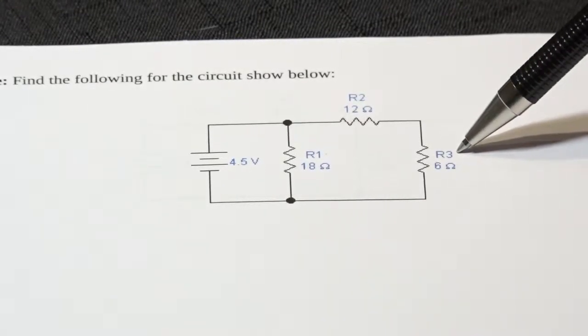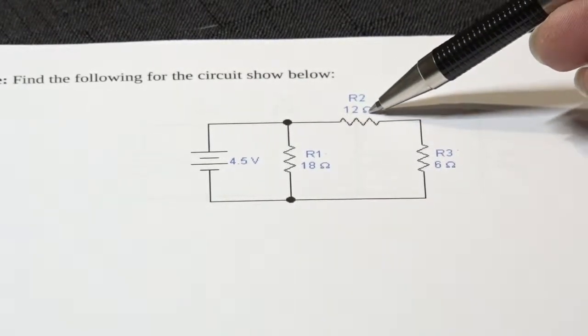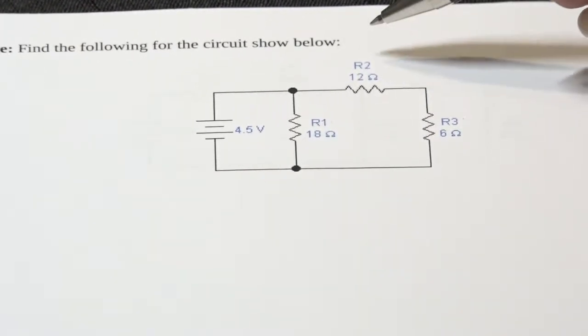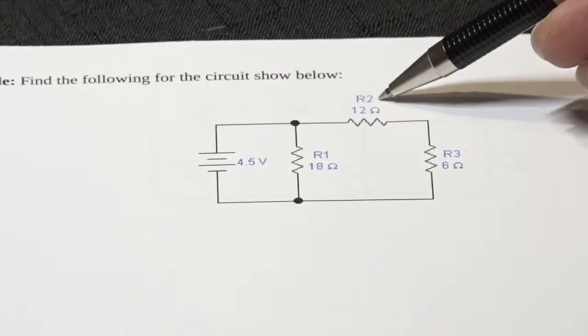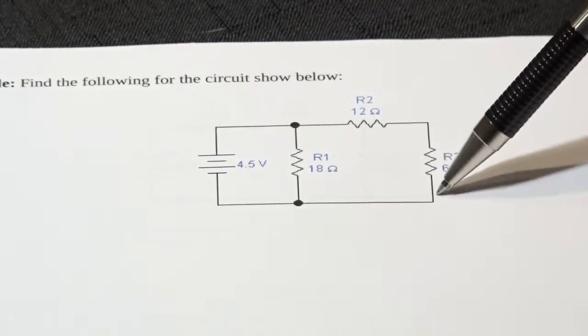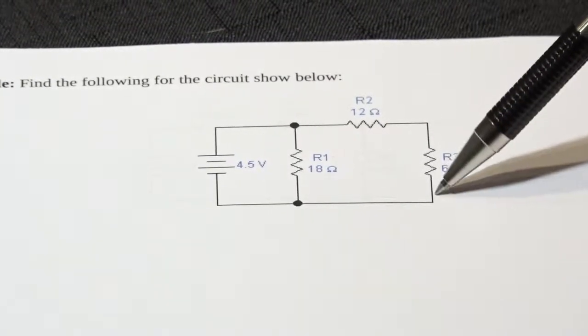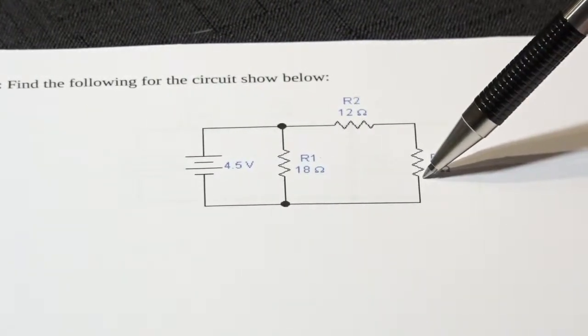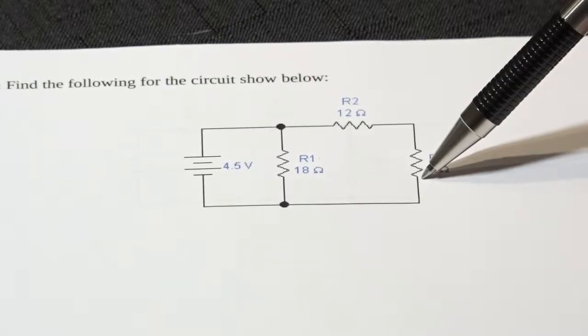And the problem with that is the fact that we have this 12 kΩ resistor that is in the way. Note that R2 and R3 share the same current path, right? So they are in series.